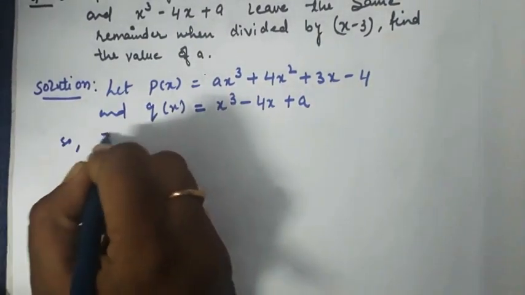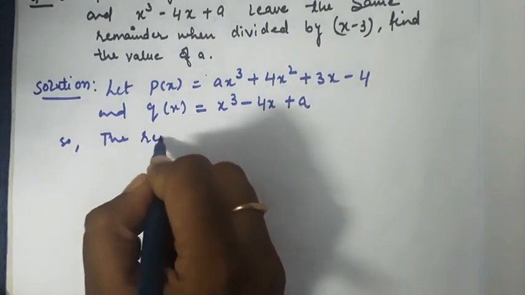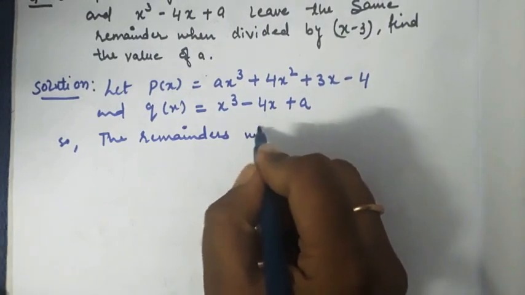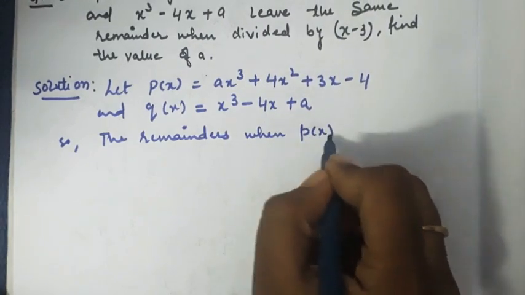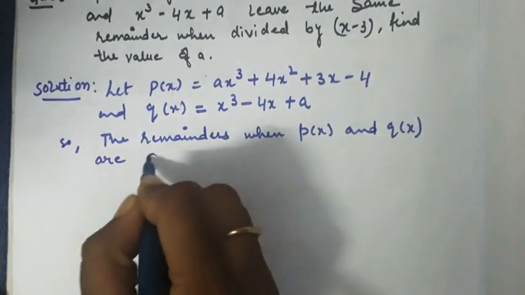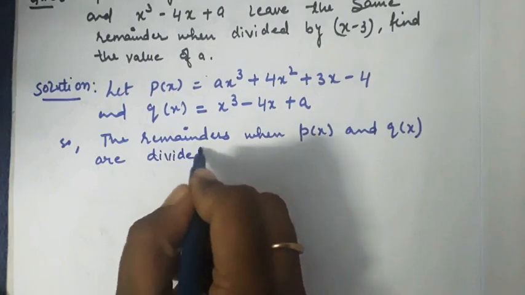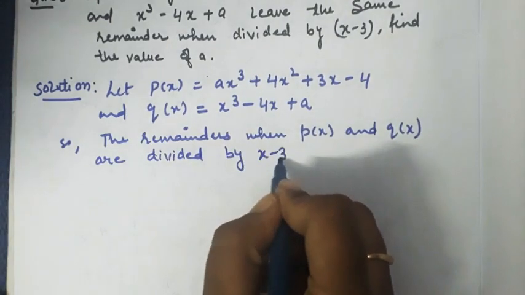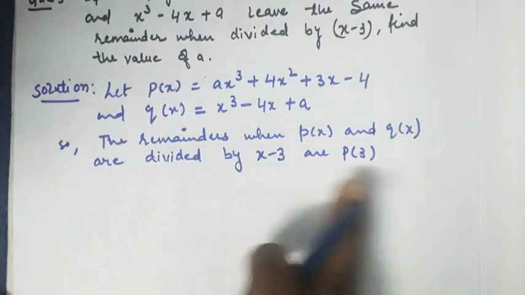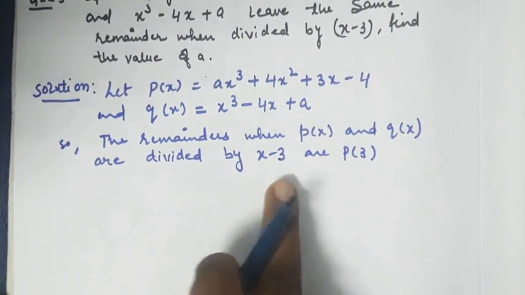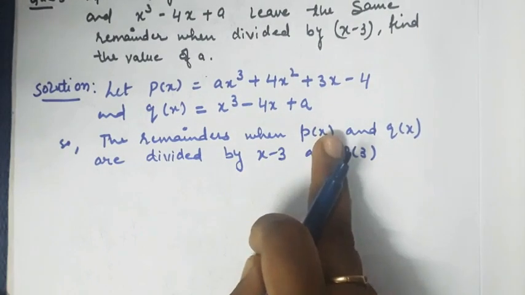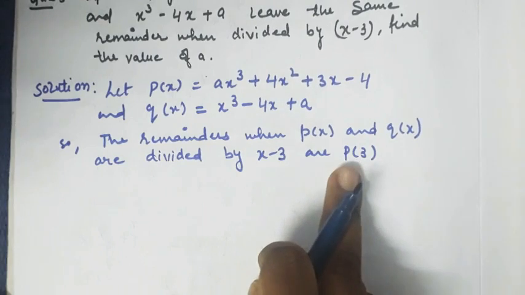So the remainders when p(x) and q(x) are divided by x minus 3 are p of 3 and q of 3, because we know by the remainder theorem that if p(x) is divided by x minus a, the remainder is p of a. So if p(x) is divided by x minus 3, then the remainder will be p of 3, right?